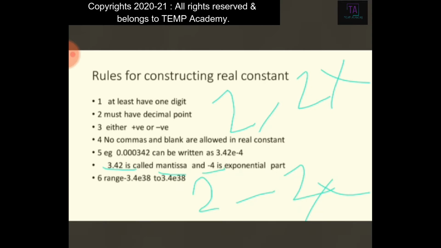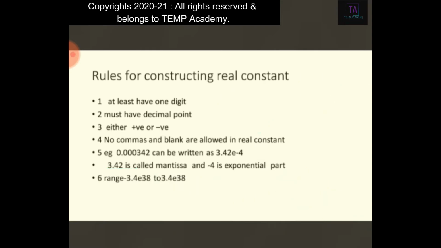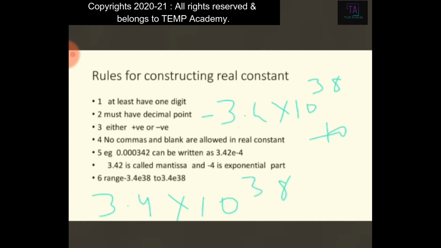And the last is its range, which is from -3.4e38 to +3.4e38, meaning from minus 3.4 into 10 to the power 38 to 3.4 into 10 to the power 38.